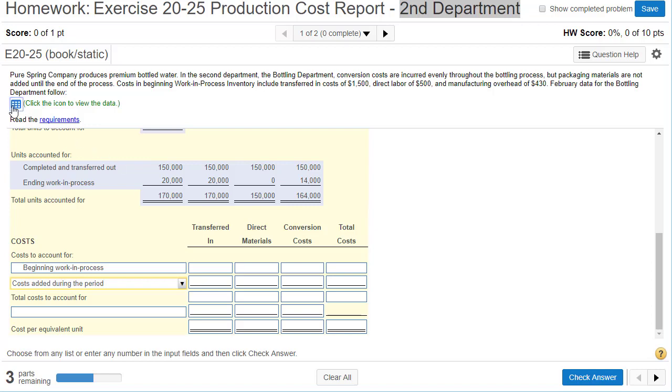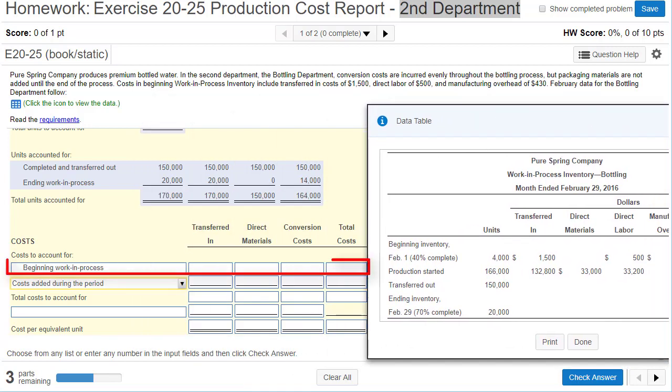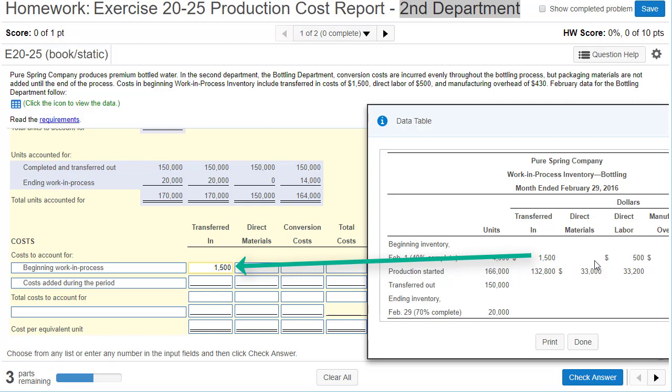So to get the costs, we need to look at this section here of our data table. Notice we are working with the beginning work in process. So we need our transferred in costs, which are right here. They had $1,500 of transferred in costs, $0 of direct materials, and conversion.